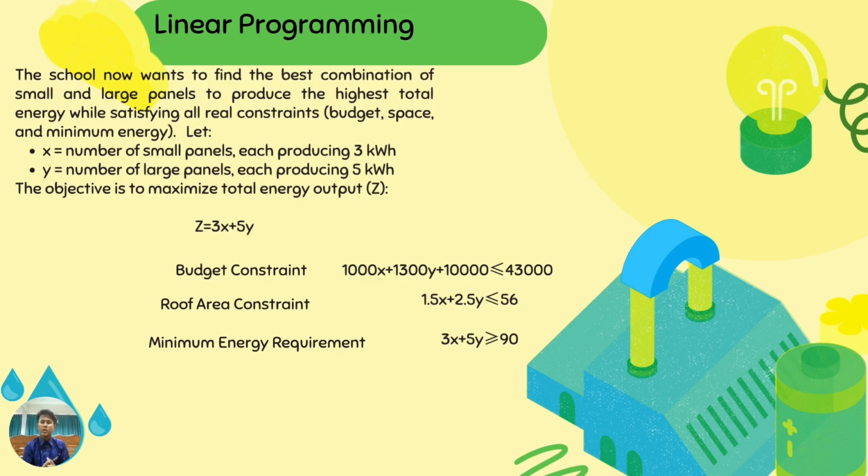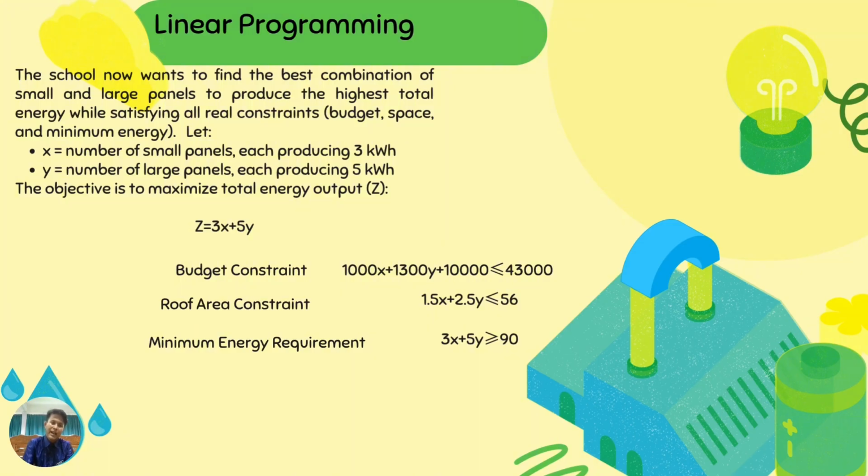Okay, we continue with linear programming. The school now wants to find the best combination of small and large panels to produce the highest total energy while satisfying all real constraints, such as budget, space, and minimum energy.